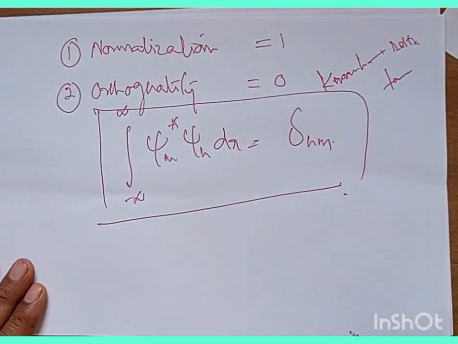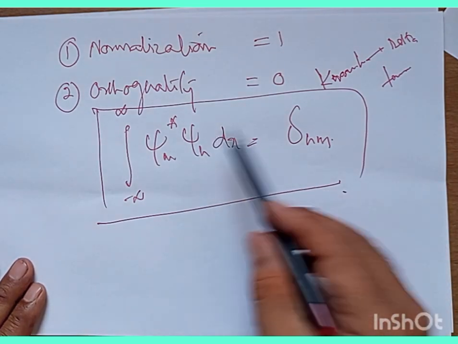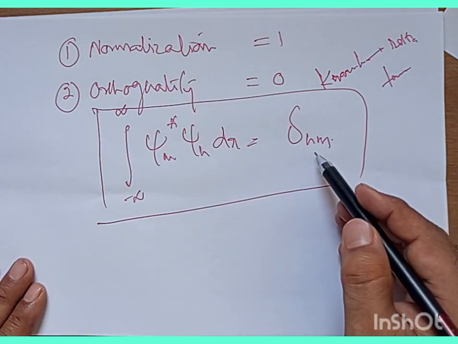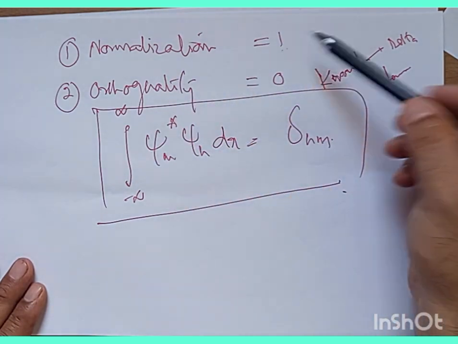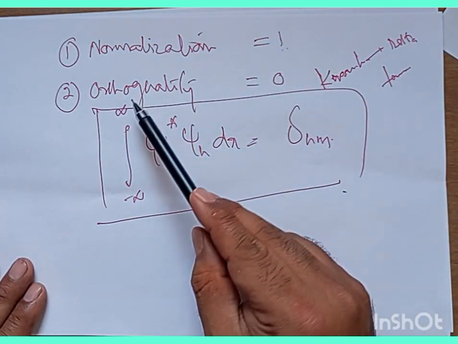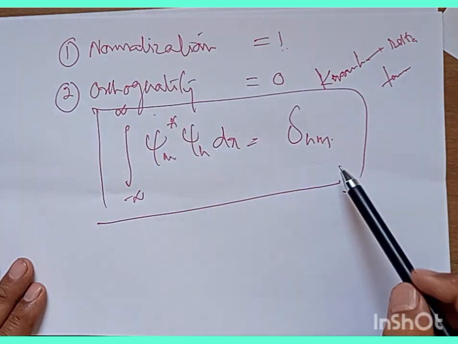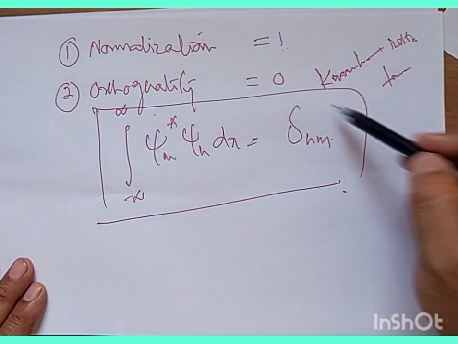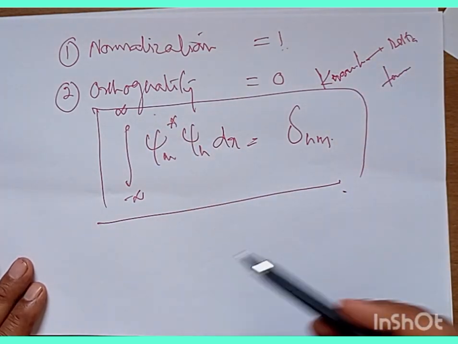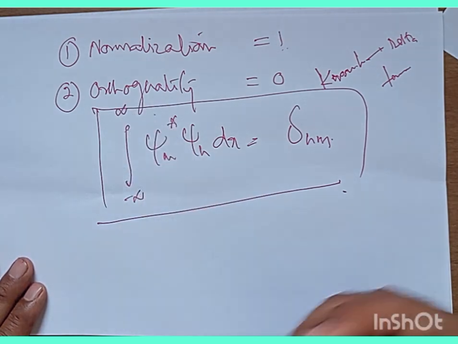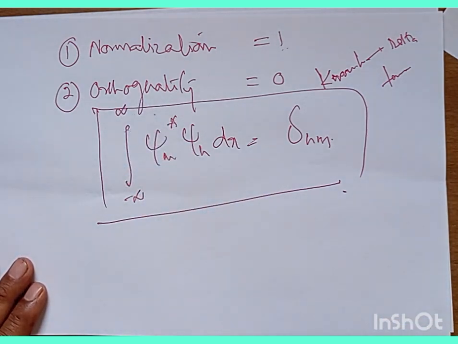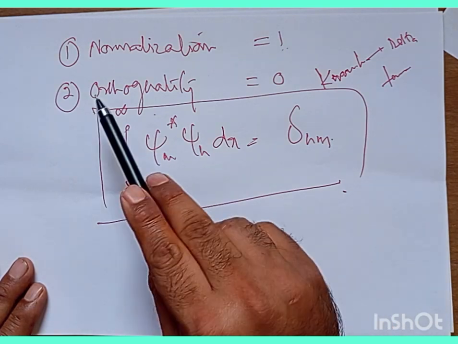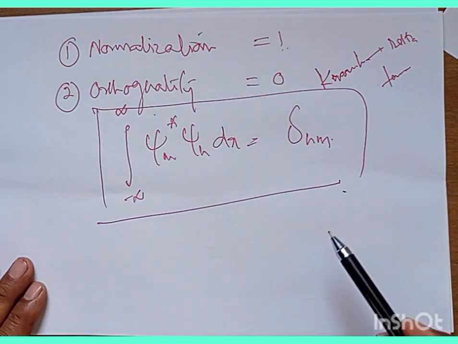And it certainly takes care of both the situations that we have been talking about. For normalization, the value of this integral is equal to 1, and for orthogonality, the value of this integral is equal to 0. So using a Kronecker delta function, we can incorporate both normalization and orthogonality.